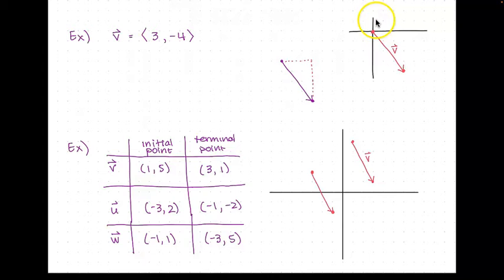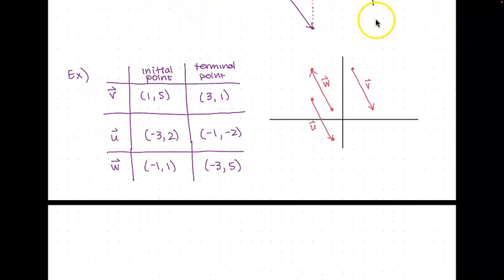There's v, there's u, and then -1, 1, 2, 3, 1, 2, 3, 4, 5. So you should have wound up with a picture like this.